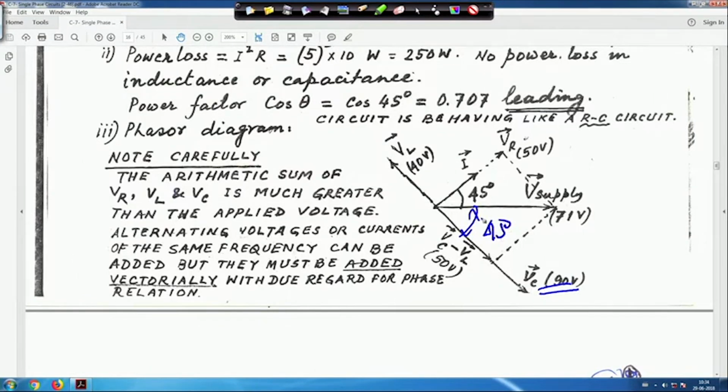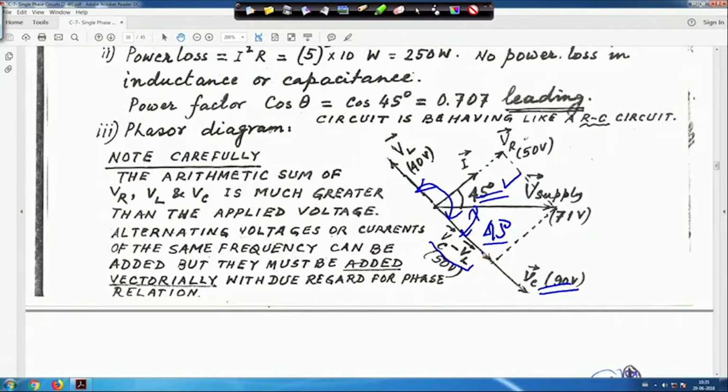If you look at the current, I is actually leading the voltage by 45 degree. That means the power factor is leading, the current is leading, because the angle is positive. The angle between VL and Vc is just opposite, 180 degree. So the resultant is that current is leading, and Vc minus VL applies.